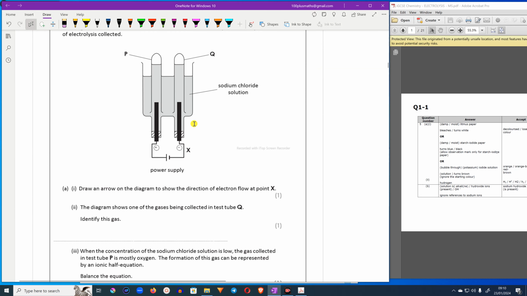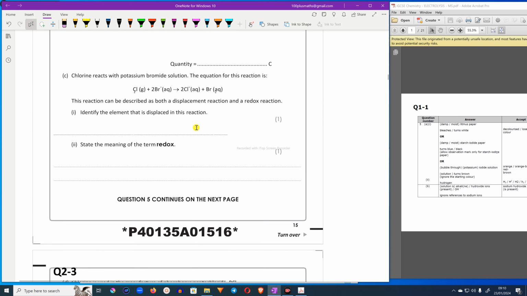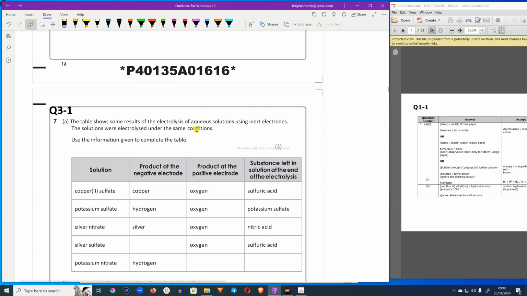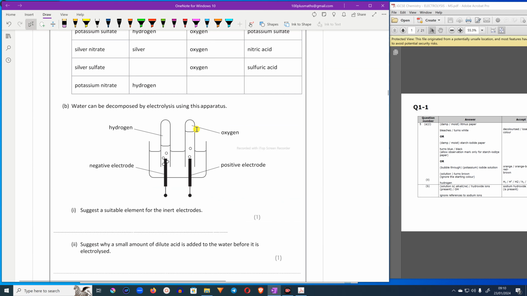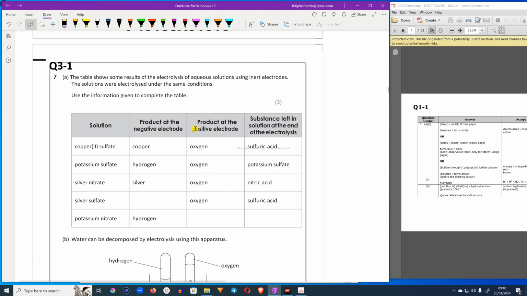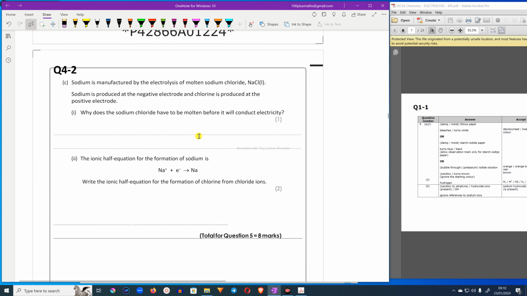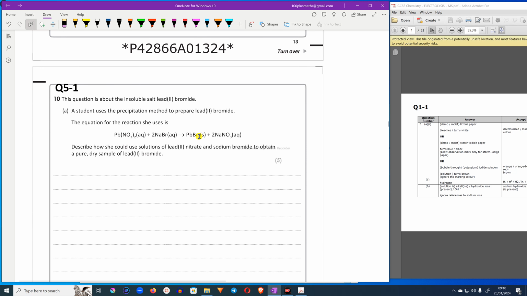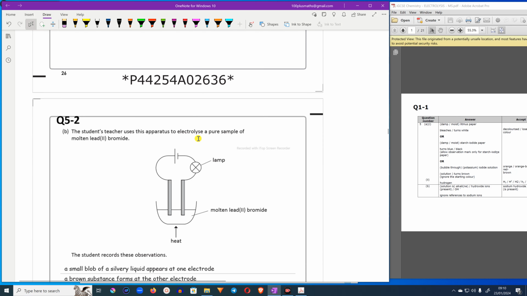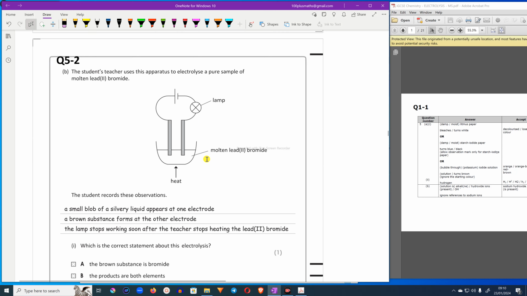Let's do the molten one first. So the reason I want to start with this is, these are easier. Once you've got your head around this, the aqueous is slightly more involved.